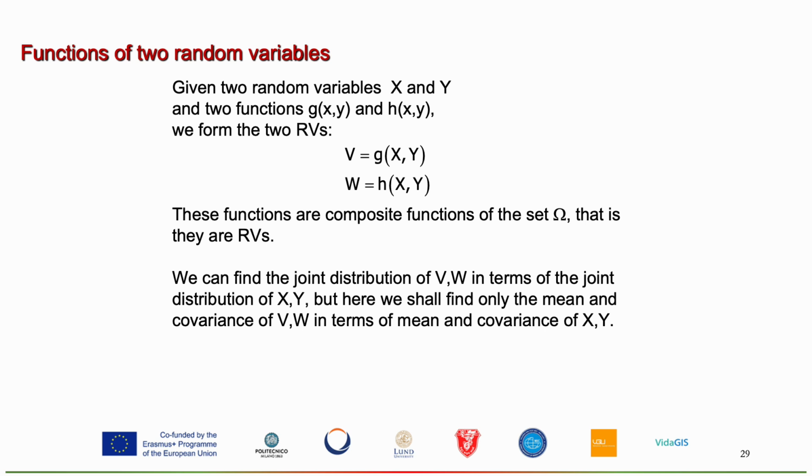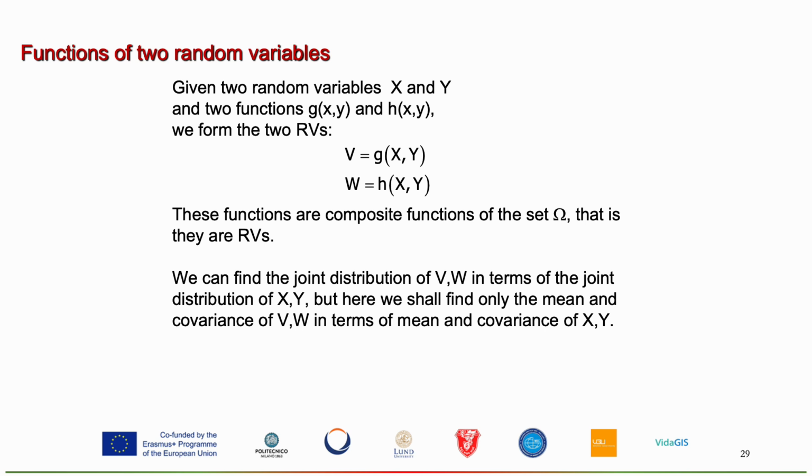Given two random variables x and y, given two functions g of xy and h of xy, we can build the two new random variables v, namely g of xy, and w, namely h of xy. These functions are composite functions of the domain of capital omega, that is, they are still random variables.